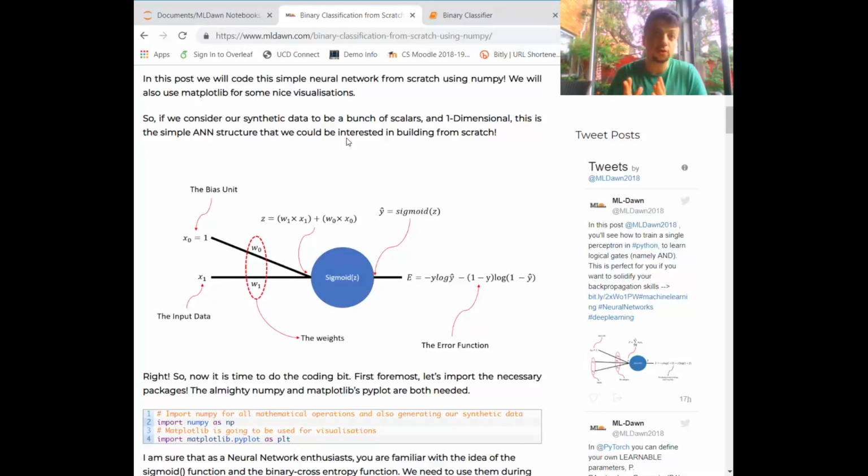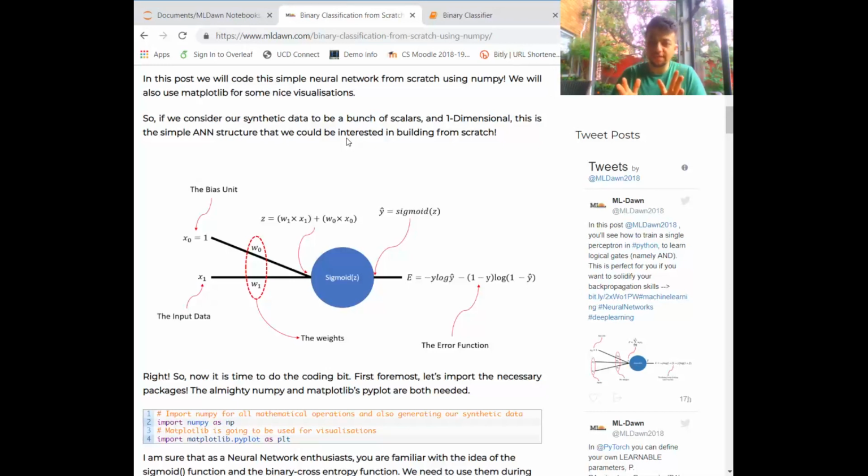This is not a course on neural networks, so I'm not going to talk about the details of why we use a binary cross entropy function or how we derive certain mathematical formulas as we go along with the forward pass and the backward pass. This is going to be mostly focusing on the implementation side of things rather than the theoretical side.